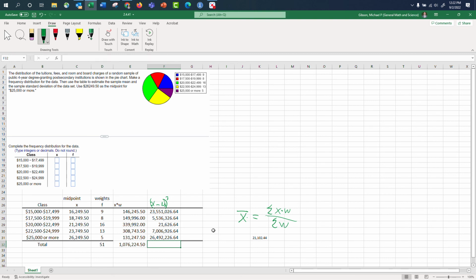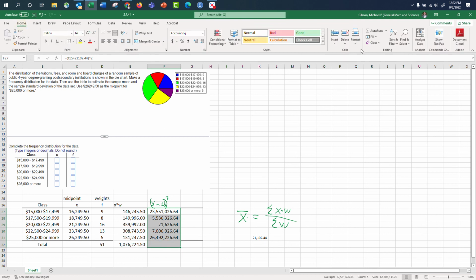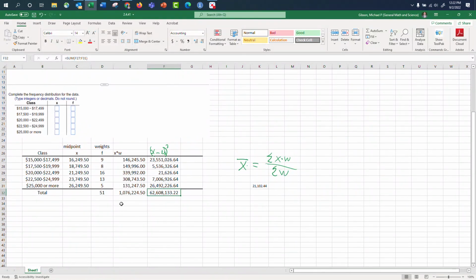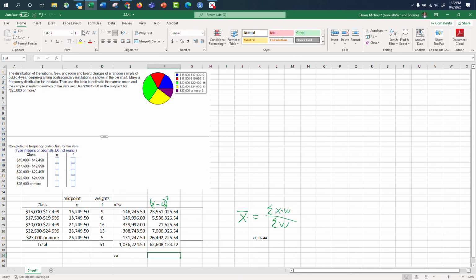Now, the next step is to add all those up. So we'll do that. Then to get the variance is the next step. We are almost done with this question.